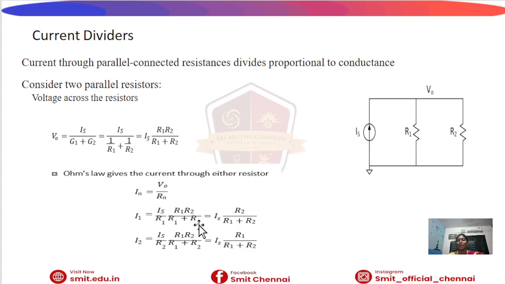So IS, that is the total current, into the opposite resistor. What is the opposite resistor for I1? R2. So R2 divided by R1 plus R2. To find the current I2 in the resistor R2, the total current IS into the opposite resistor for I2, which is R1, so R1 divided by R1 plus R2. So this is the current divider formula.